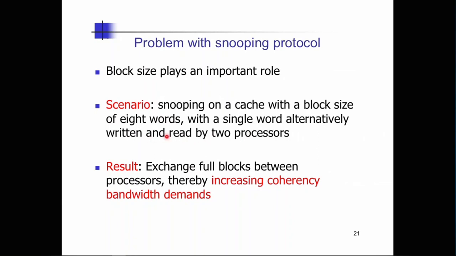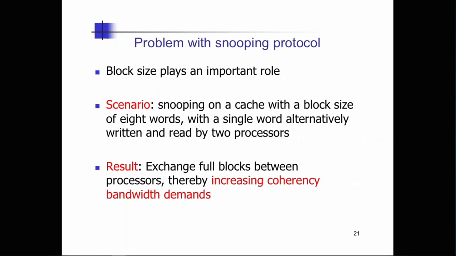Well, we are continuously going to exchange full blocks, all 8 words, even though we are making changes and reading to only just one word. But because this operates on full blocks, we are going to have to exchange full blocks between the two processors that are reading and writing to that word. So the problem is that that increases the coherency bandwidth demands.